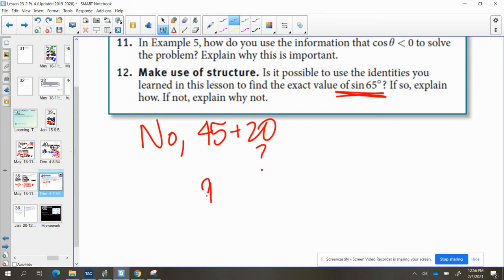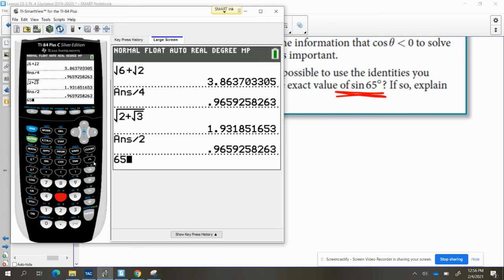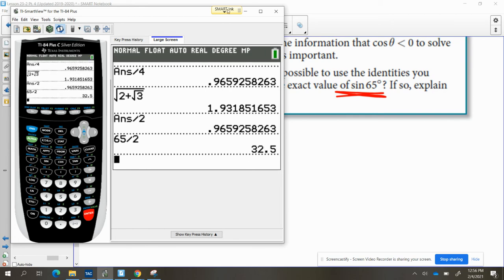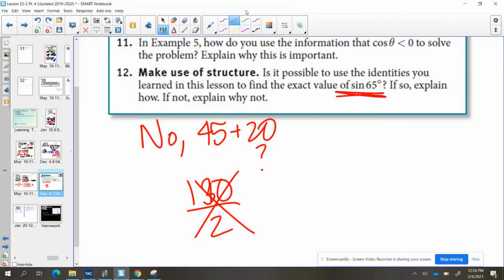Can't use half angle because we don't know what 130 divided by 2 is, so the half angle is not possible. If we try and do double angle, right, if we try to think about what multiplied by 2 would be 65, we don't know what 32.5 is. That's not an exact value. So you're not going to be able to find every value. That's why it's kind of specific numbers that you see over and over again. But you can find a lot of them, right, that we do know unit circle values for.